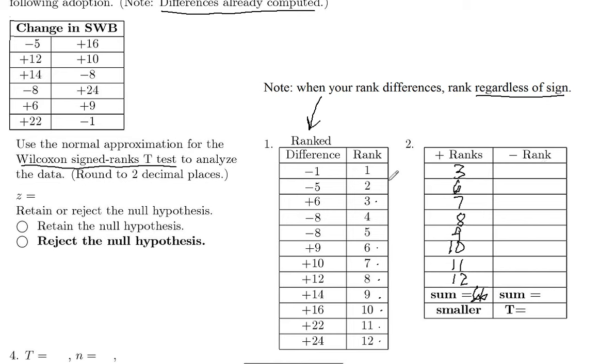The negative ranks, the ranks that go with the negative numbers, are 1, 2, 4, and 5. It's really important to rank these in order without paying attention to the sign. The sum here is 12. The smaller of those two numbers is 12, and that's your test statistic, capital T.